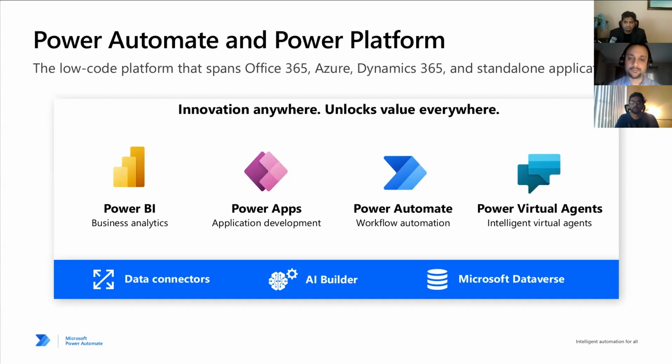AI Builder is mainly for the more sophisticated artificial intelligence natively built by Microsoft. You can do forms extraction, sentiment analysis, object detection, all of these more sophisticated tasks. And the data connectors, which are more than 450 as we speak right now, and we keep adding day by day. Those connectors allow you to automate processes over the cloud through APIs.